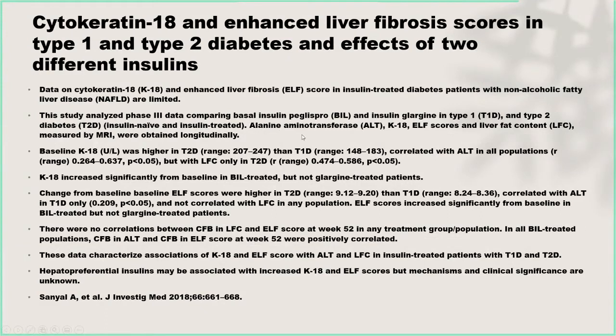Pegylated lispro is a longer-acting lispro homolog, but it binds to the liver. So it has a specific liver effect, which is very helpful in controlling fasting blood sugars. They postulated that it would decrease hepatic gluconeogenesis and have some benefits. And they compared it with glargine.